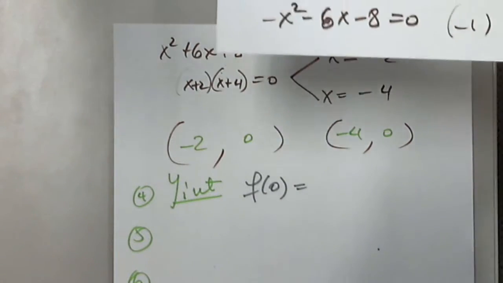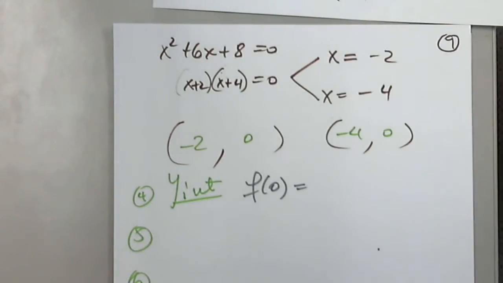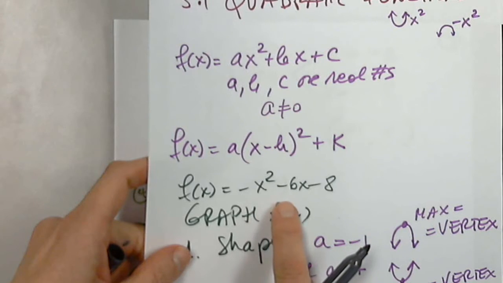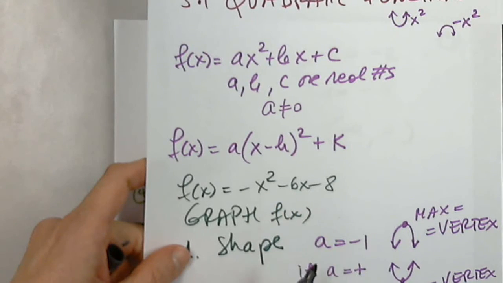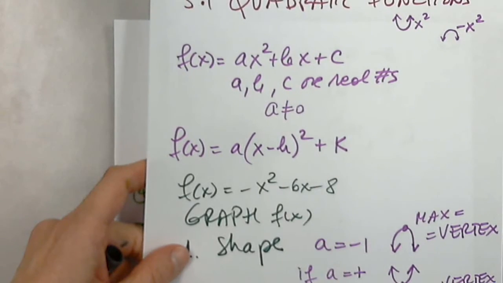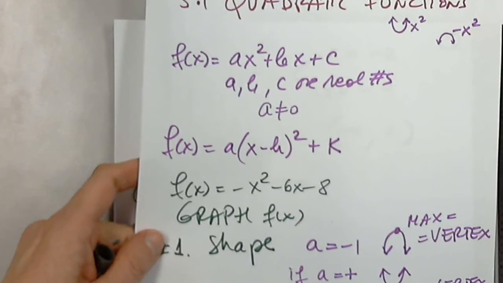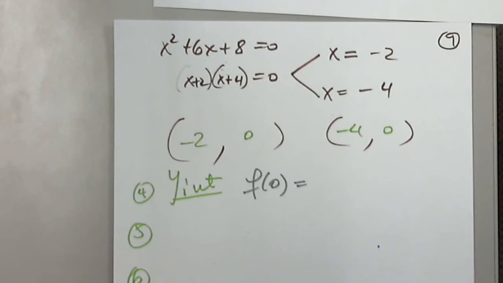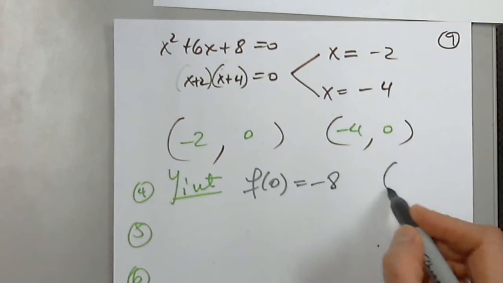So let's take a look. That was a long time ago. I'm not going to plug in 0 here and here, right? -8. Is that clear? Why it's -8? Very good. And what is the ordered pair?